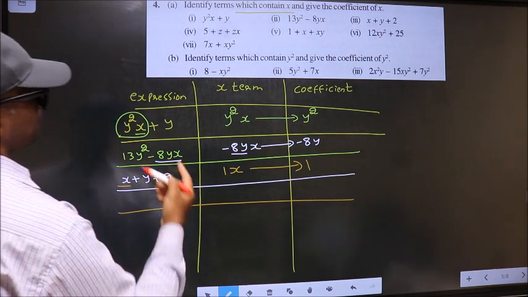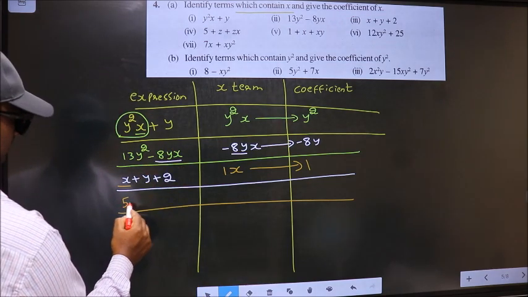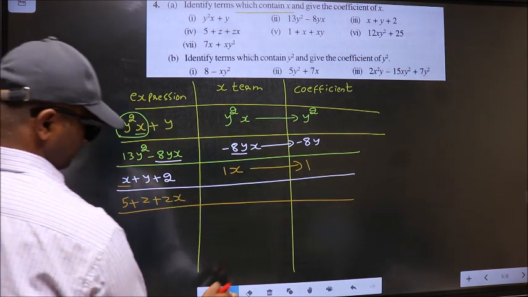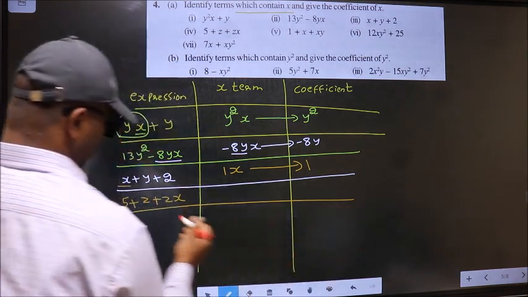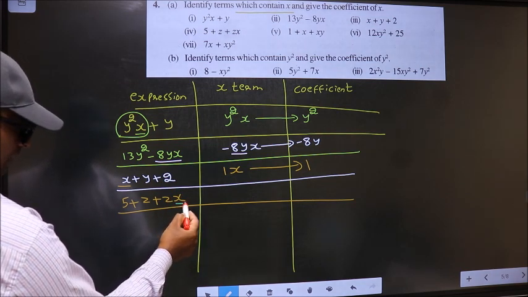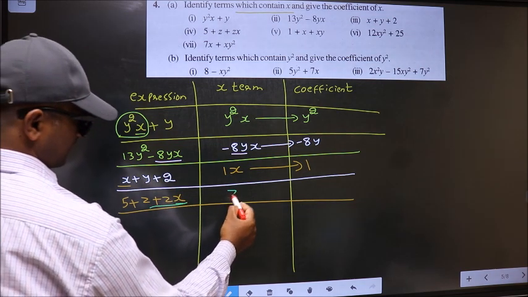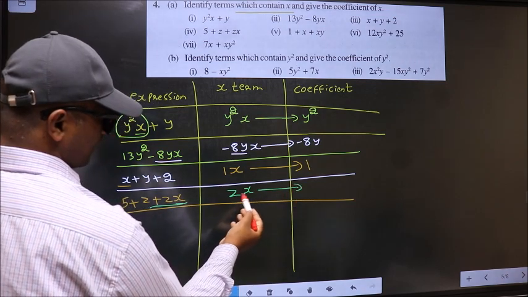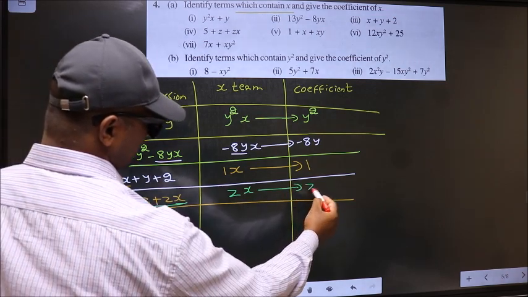Next, 5 plus z plus zx. Now in this expression, where do you have x? Here. So take this term zx, and the coefficient is whatever you have before x, that is z.